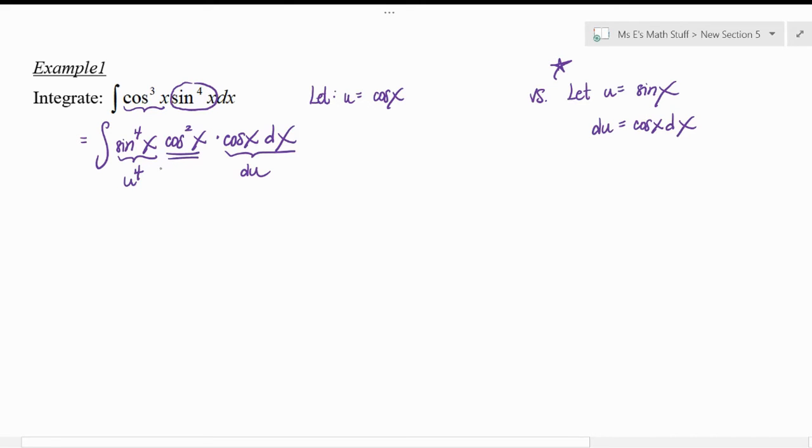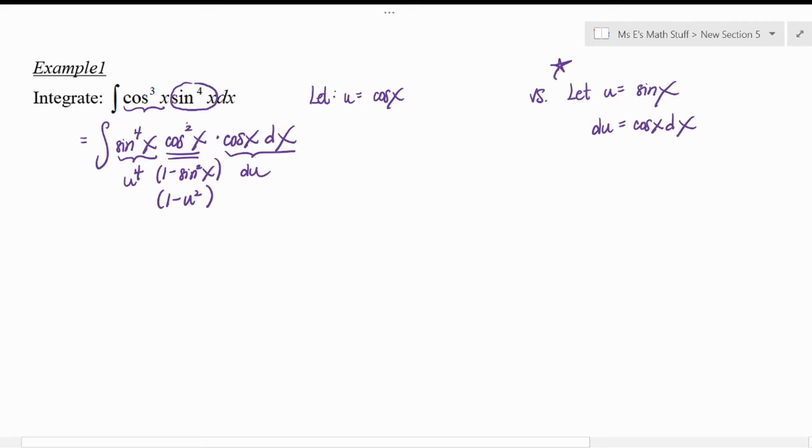It can be swapped out with 1 minus sine squared x, which would equal 1 minus u squared. And so this is what it looks like if your u substitution is working, when you've got an integrand with products of sine and cosine to various powers.